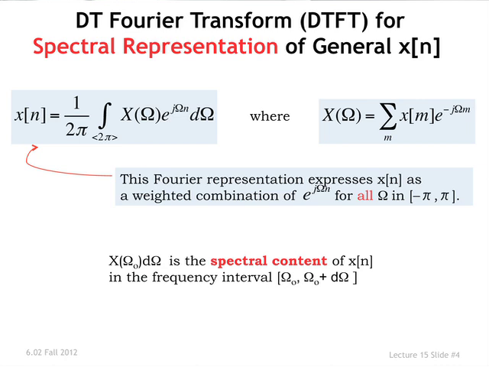So this was the transform domain representation. And the weights here were given by the discrete time Fourier transform. So you give me a signal, I can find for you the discrete time Fourier transform, which then tells me how to assemble complex exponentials to get the signal of interest. All right? And so this Fourier representation of the signal is really the frequency domain thinking.